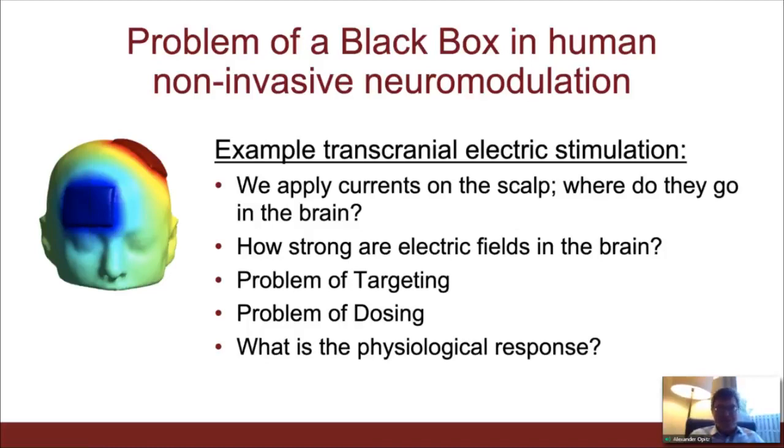Is there a physiological response at all? Where do those currents go? So this is a tough problem to solve, in particular if you're doing non-invasive research in humans. And so animal models can really help elucidating those basic mechanisms a lot.